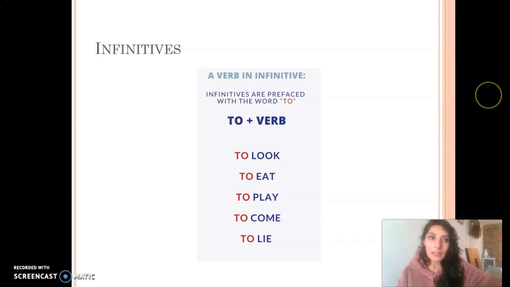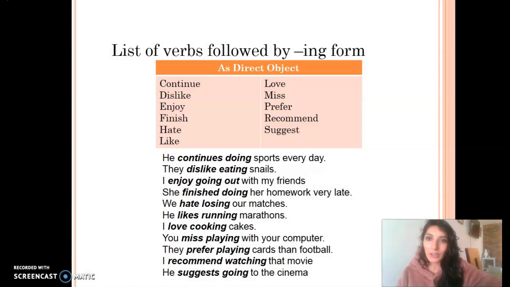So we're going to continue now checking some verbs in the list of the verbs that can be followed by the ing form. So these verbs admit the ing form, in this case, as you know, the gerund form, as objects of the verb.